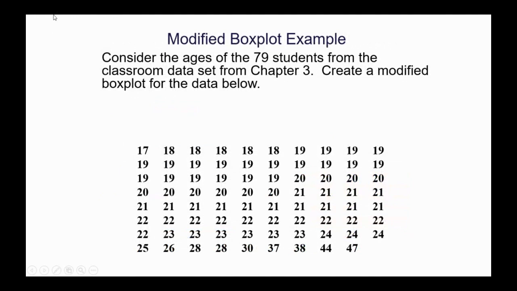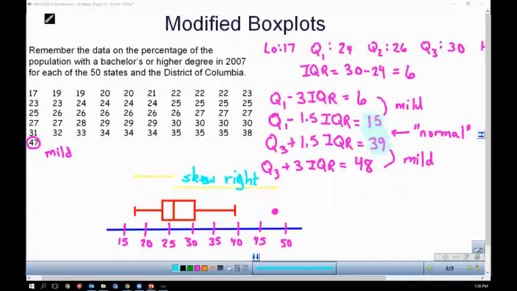Okay, another modified box plot example. So we have some data, looks like their ages, for 79 students. They want us to create a modified box plot with this data.